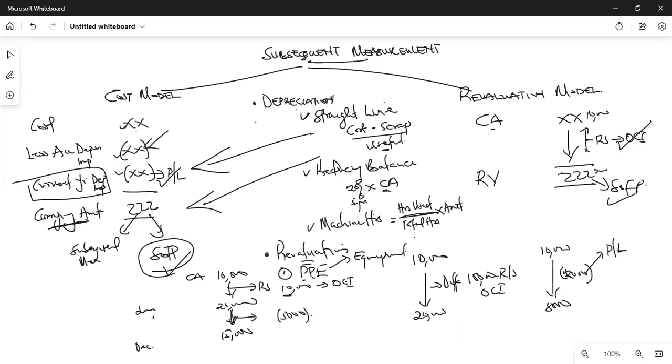seated in the OCI. Or let's say you have 2 years. So 2018, and there is a balance brought down of your revaluation surplus account or your OCI account. We are in 2018, but prior to 2018, there is a balance of this asset which was revalued, and the balance is 10,000.